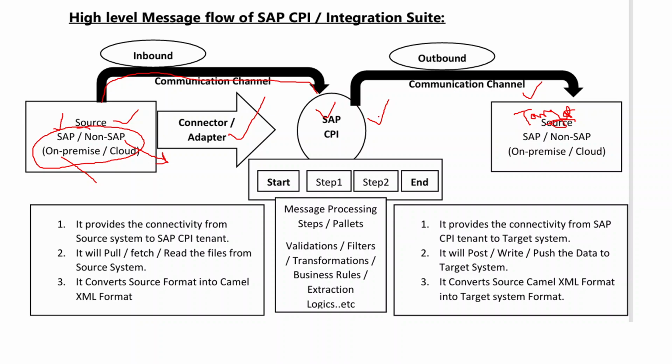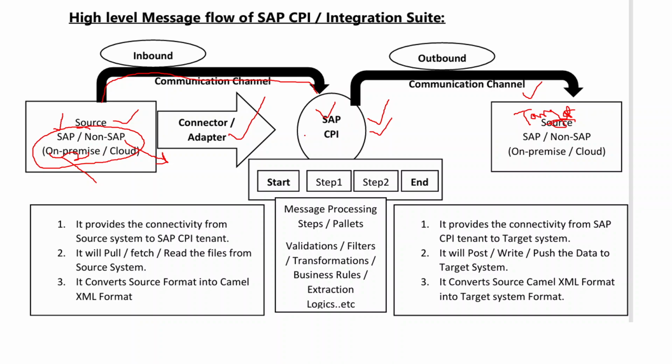Whether our integration suite has the capability to communicate with the on-premise application or not, you may have this question, right? Integration suite is completely cloud-based architecture, but it has the capability to connect with the on-premise application as well.